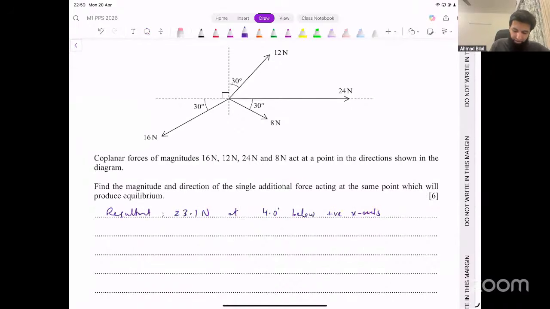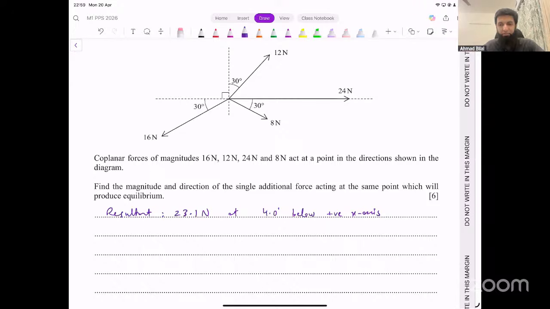When you find the resultant of these forces, it turns out to be 23.1 Newton at 4 degrees below positive x-axis. Now, resultant force you can all calculate, right? Resolve all forces, find the horizontal resultant, find the vertical resultant, the overall resultant, and find the angle. Can all of you do that?